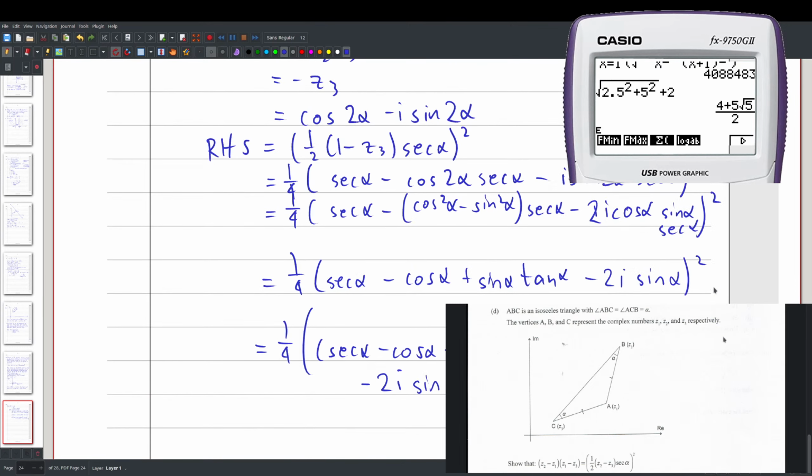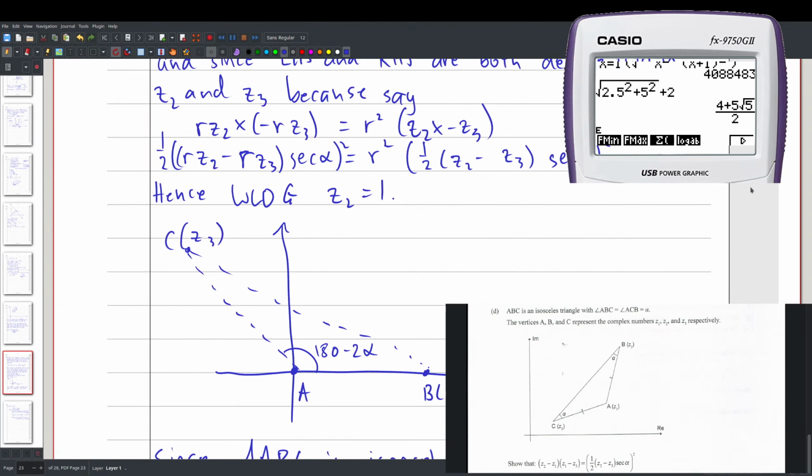I'm not confident this goes back to 2 alpha, honestly, but it should. Maybe it does. This is very sussy.